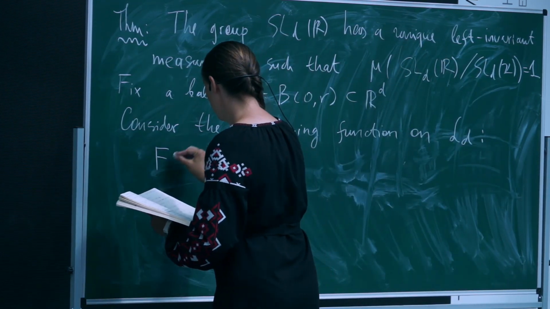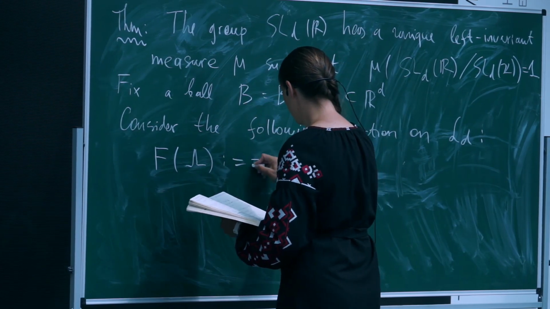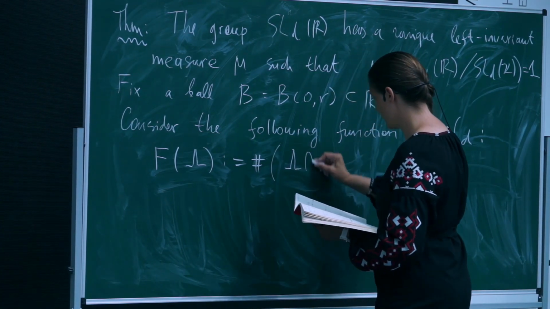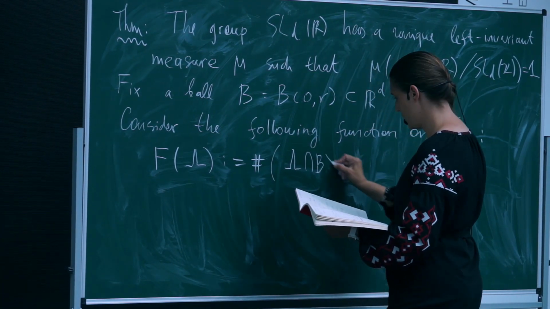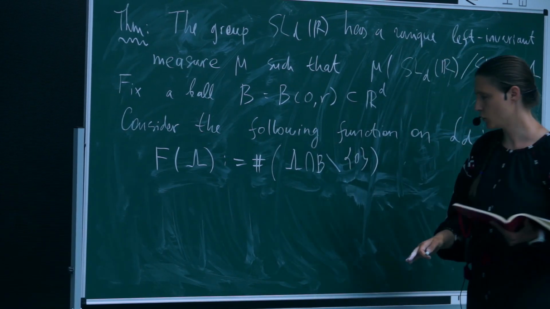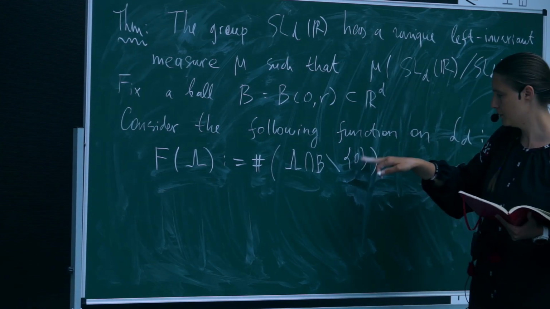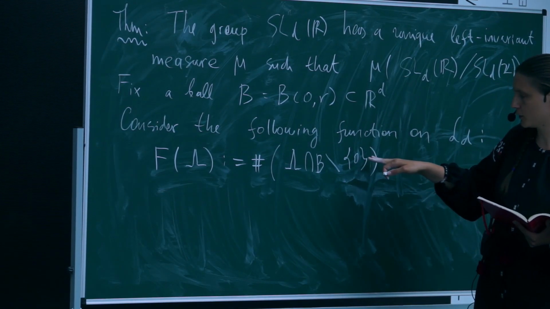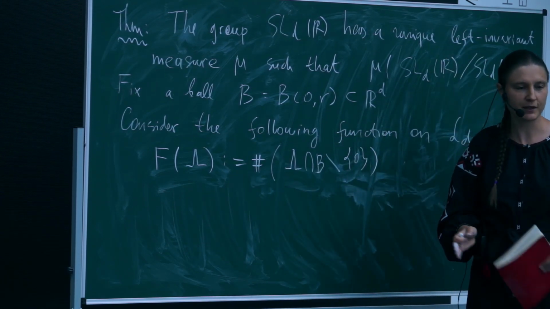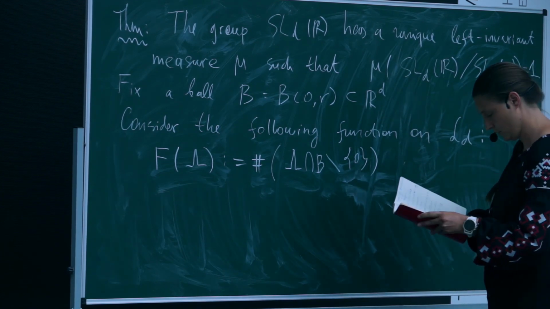For each lattice lambda, we compute the number of points in the intersection of lambda with the ball, without the point 0. I do not want to count 0 because 0 is a point that will be in all such intersections, and it's not interesting information, and if we throw it away, our formulas will get a bit simpler.